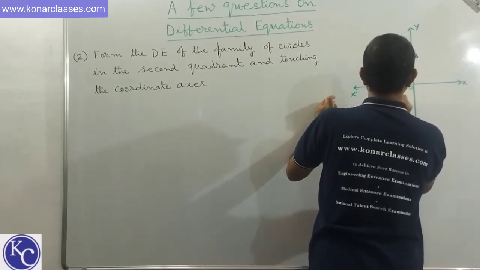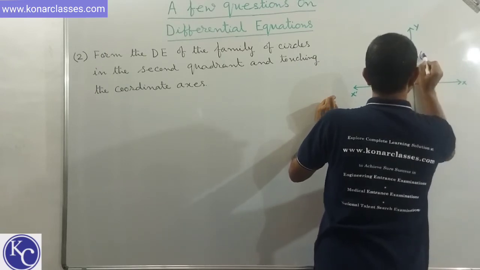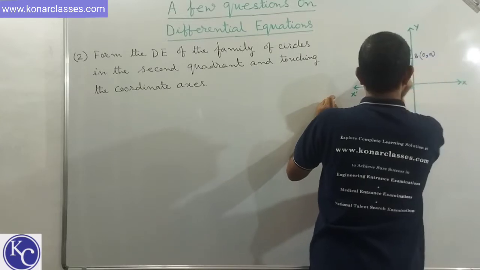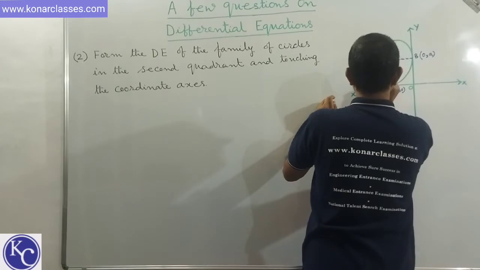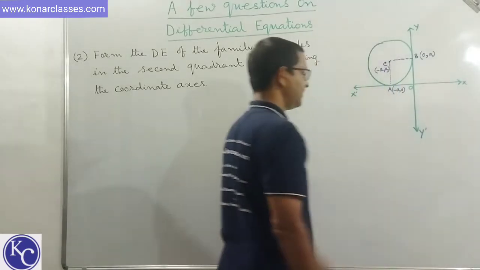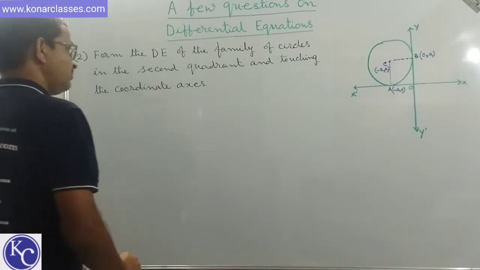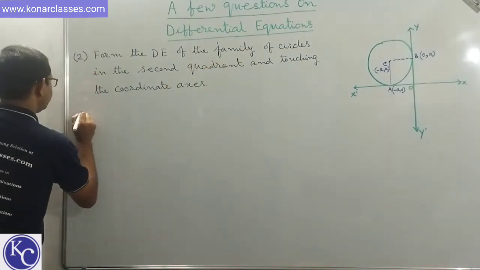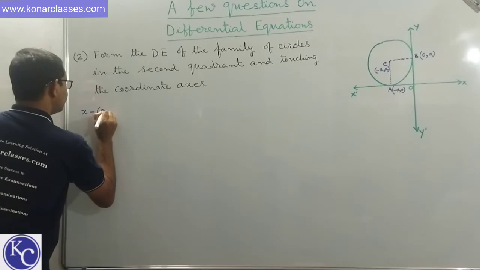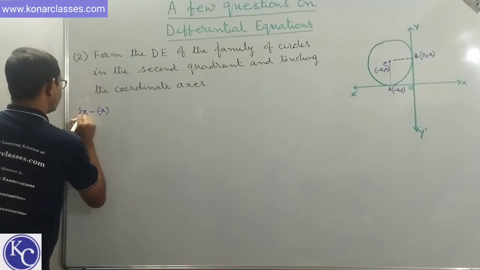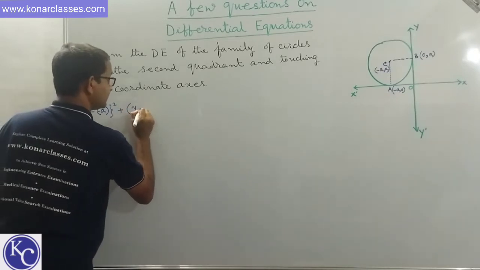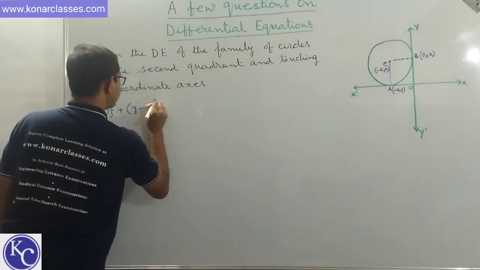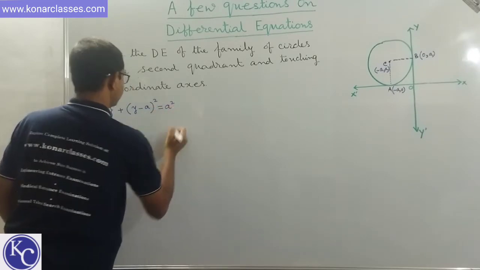So what is the coordinate of the point A? That will become minus a comma 0. Coordinate of the point B will become 0 comma a. And the coordinate of the center will be minus a comma a, correct? So what will be the corresponding equation of the circle? It will be x minus (minus a) whole square plus y minus a whole square, that is equal to a square.